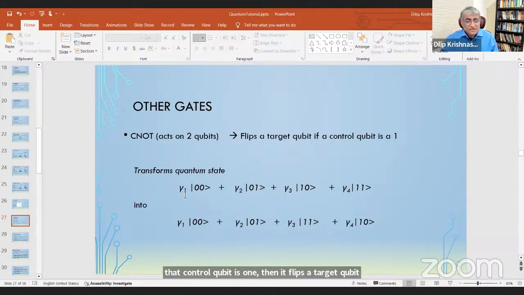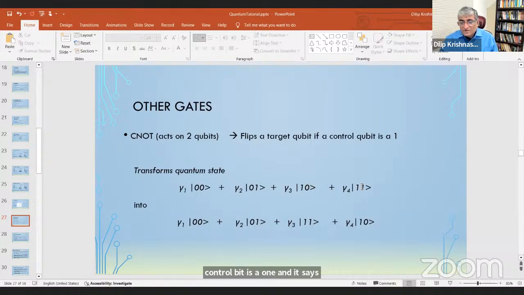So for example, if you have the states 0 0, 0 1, 1 0, 1 1, it transforms them. Here the first qubit is the control qubit, and the second qubit gets flipped. So gamma 3, ket 1 0, becomes 1 1, because the control bit is a 1, and it says to the 0, flip to a 1.